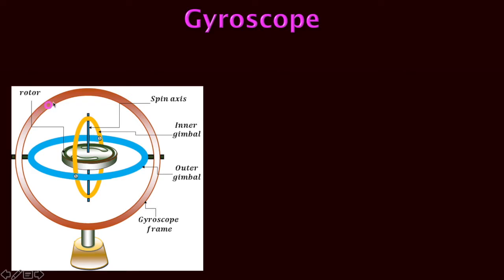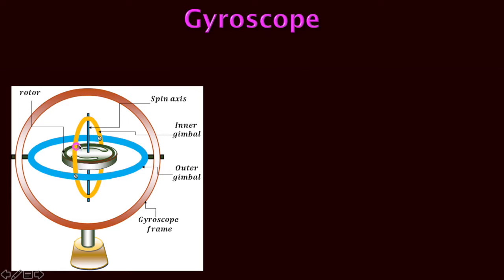So this is the construction of a gyroscope. The spin axis, and this is the spin axis and this is the disc. This is also termed as the rotor. Generally, the rotor has high mass moment of inertia.